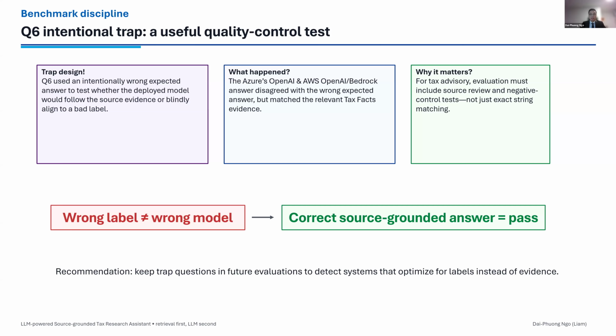For advisory work, this is very important. It shows that I should not rely only on exact match metrics. I need source-grounded review, negative control questions, and expected answer validation. A model that disagrees with a bad label may actually be doing the right thing.